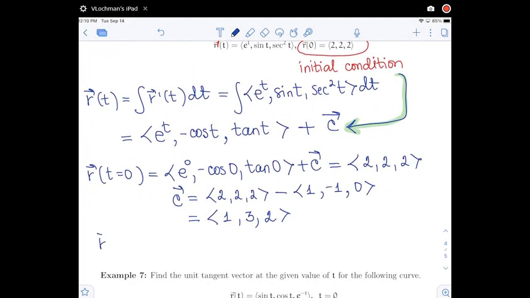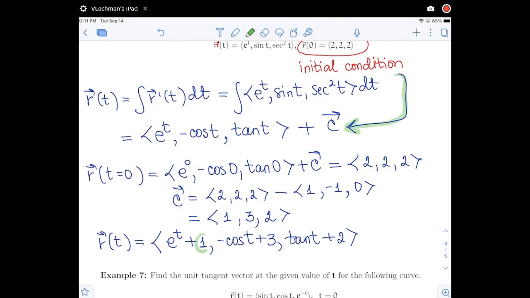We put it all together. What is our function r? R of t is, I'm going to put it all together in one expression. R of t is e to the t plus 1, then negative cosine t plus 3, tangent t plus 2.